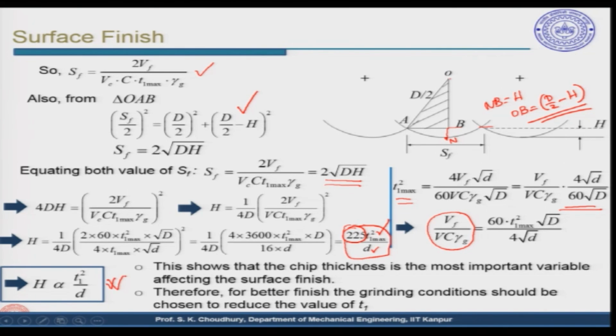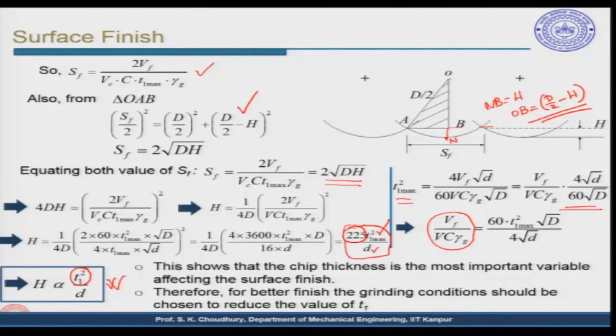This is important to know because then we can see that if we have to improve the surface finish in the grinding process, we actually have to manipulate the T1, which is the uncut thickness. That is the importance of finding the T1 maximum. You remember how scrupulously we found the T1 maximum.